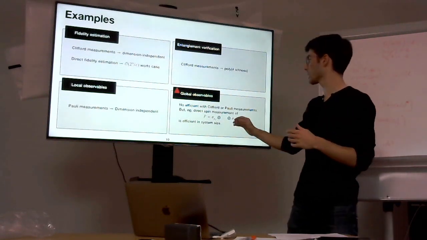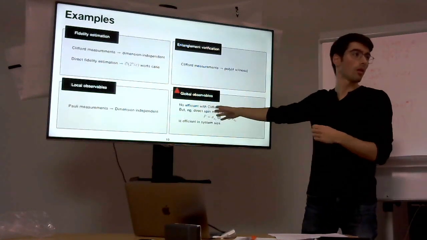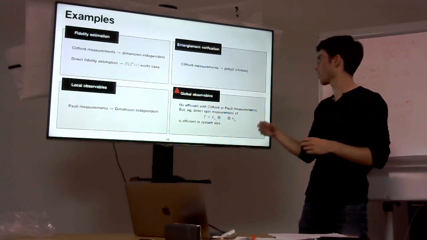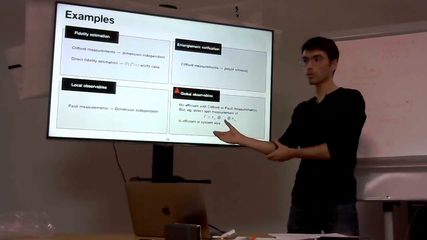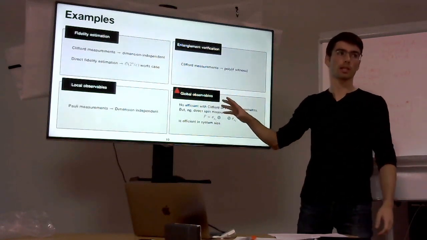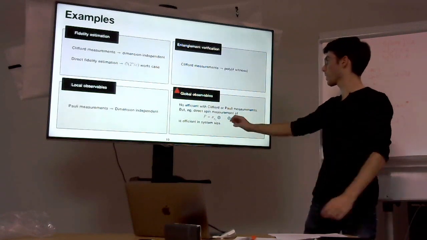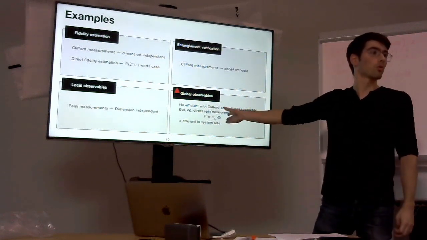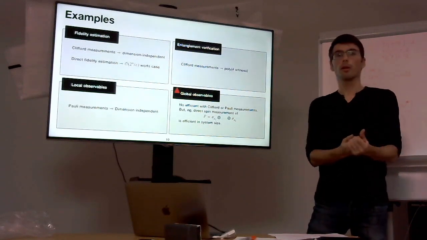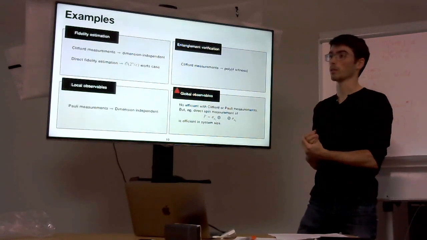For instance, the global spin of a system is quite easy to estimate with direct spin measurements, but it's not efficiently estimated with these classical shadow methods. And this is interesting because this observable is quite simple and easy to measure in a quantum state, but this method does not perform well in that case.